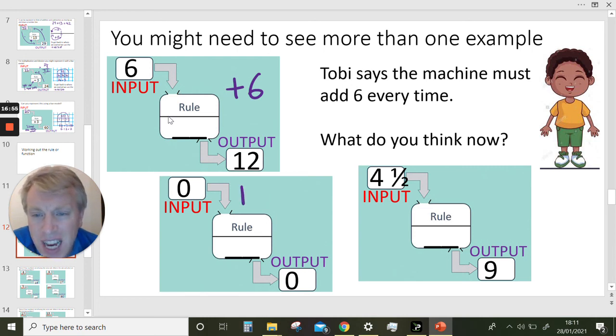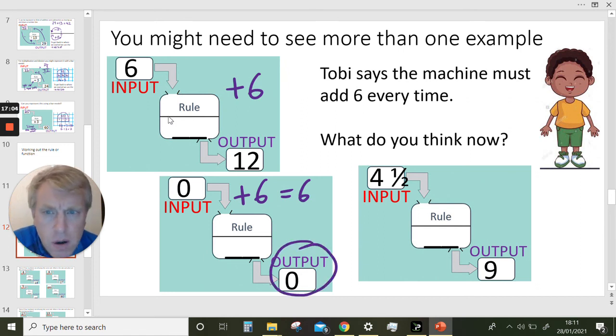Well, 0 add 6 is 6, but the output here is 0. What happened? Let's look at this one. 4.5 in, 9 out. 6 in, 12 out. I've got it.